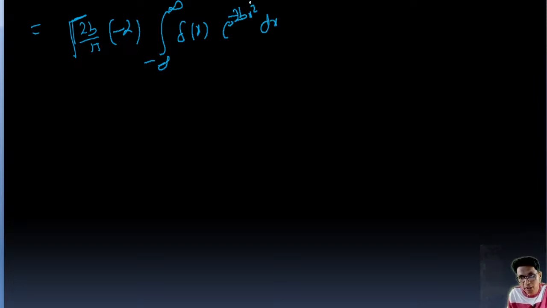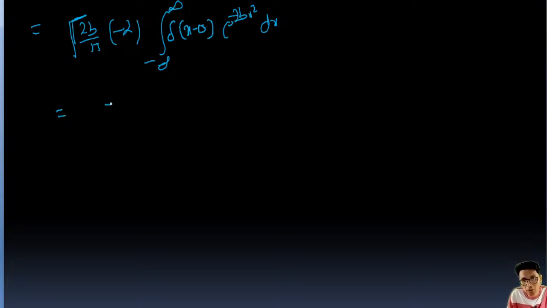We can write this delta x like this because we know the Dirac delta property. I have already taught the Dirac delta function in detail in mathematical physics, so check my lecture.